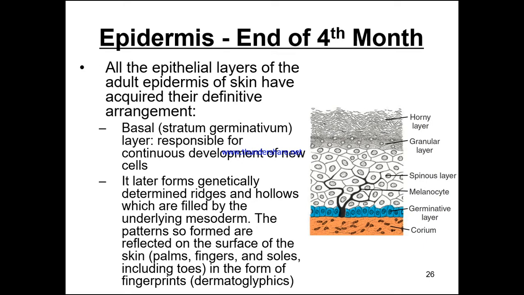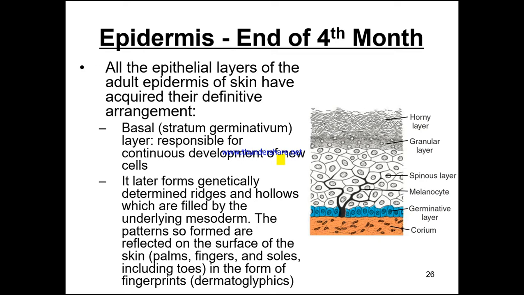So the epidermis at the end of the fourth month, we can really start to see a lot of proliferation at this point. All of the epithelial layers of the adult epidermis of the skin have acquired their definitive arrangement. We have a basal stratum germinativum, a layer responsible for continuous development of new cells.